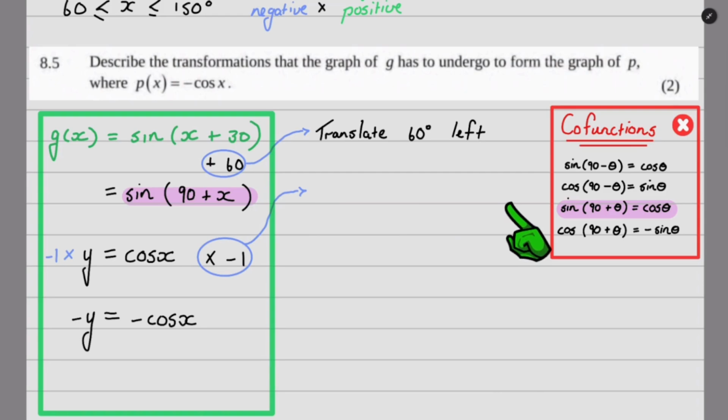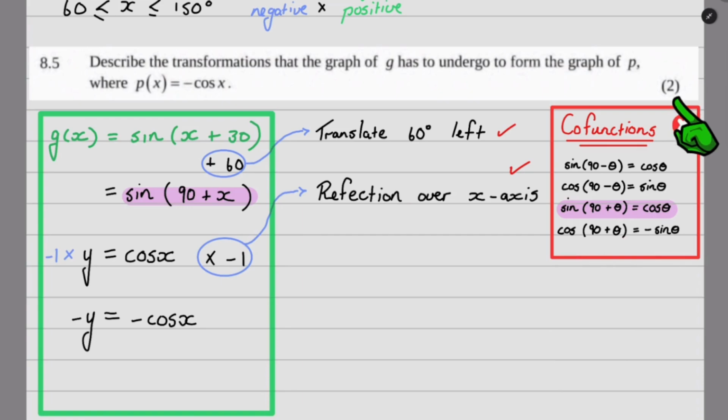So that's going to be our second transformation, reflection over the x-axis. And then lastly, the 2 marks will come from describing each transformation. So literally you have to write the words to describe the transformation. And that wraps up this paper.